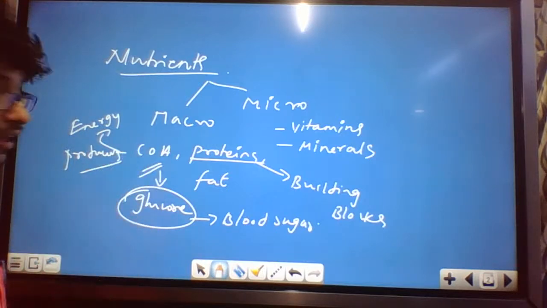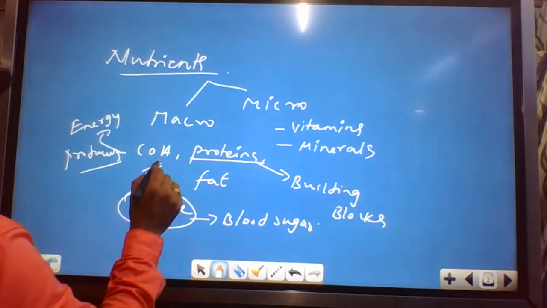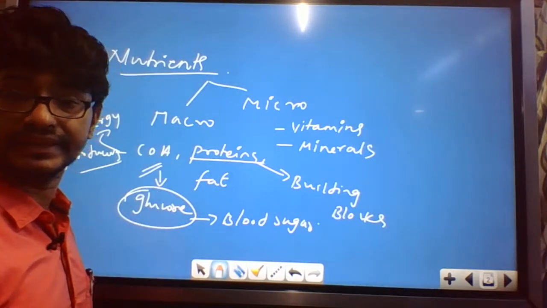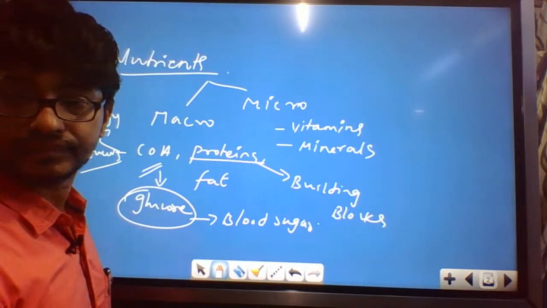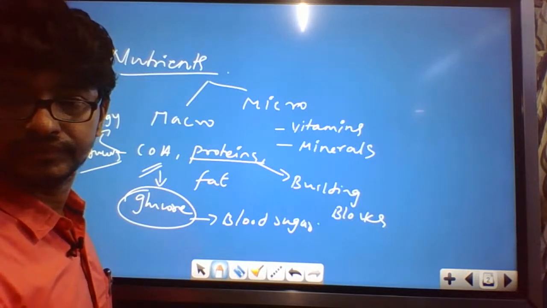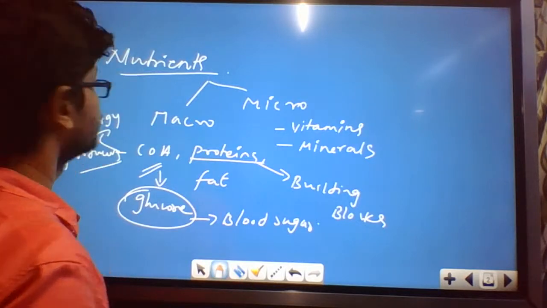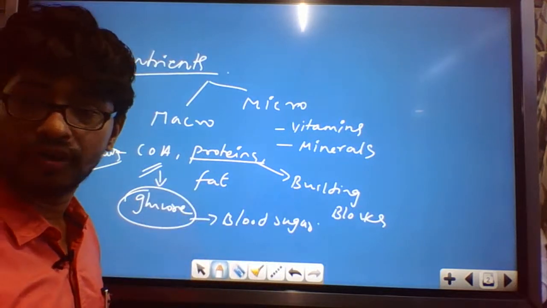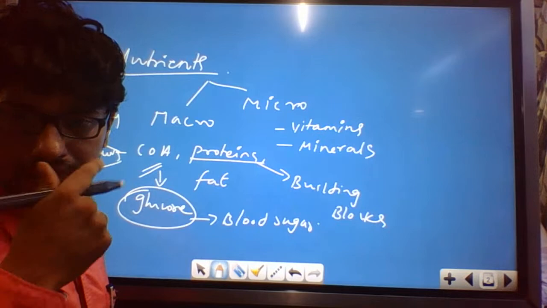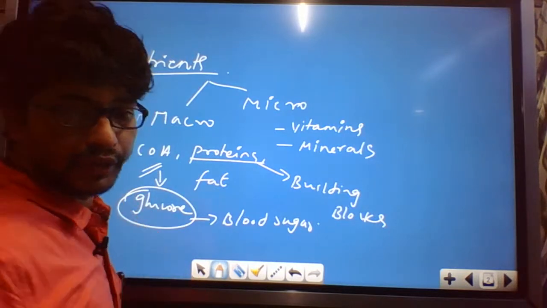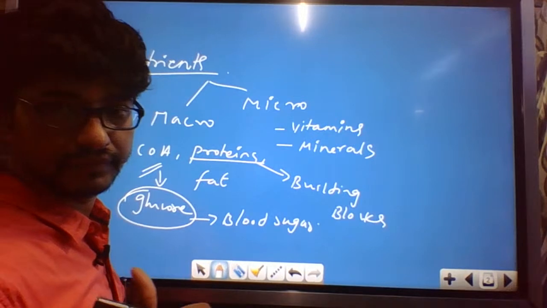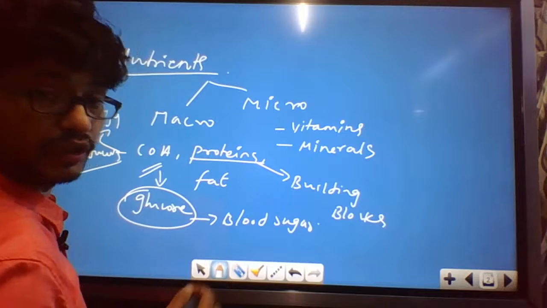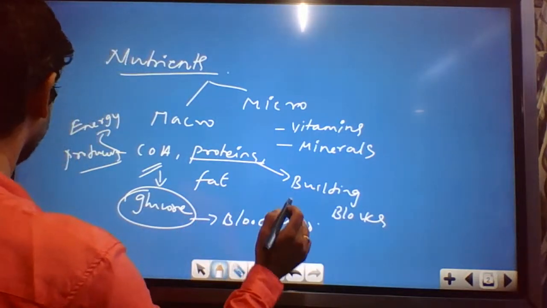So first we'll start with the carbohydrates. The carbohydrates are the energy producers, and usually they will be in the form of glucose. Our cells take up the carbohydrates in the form of glucose, so that we call it blood sugar.